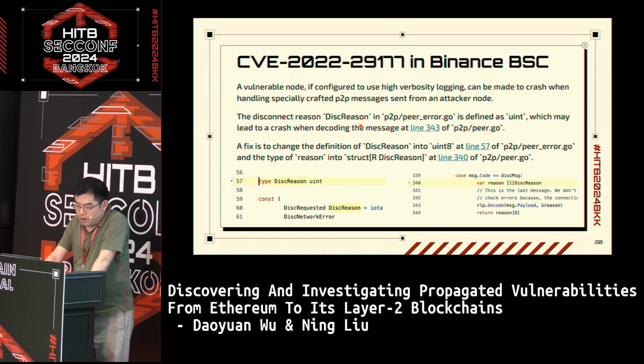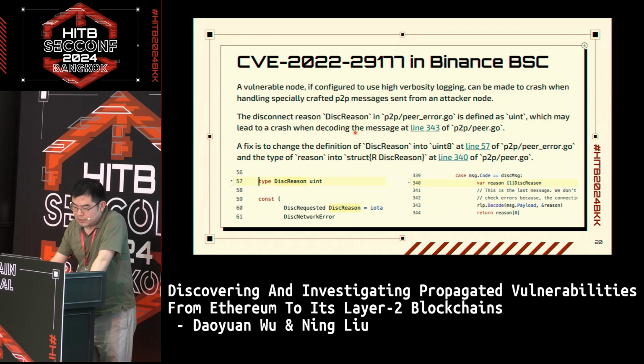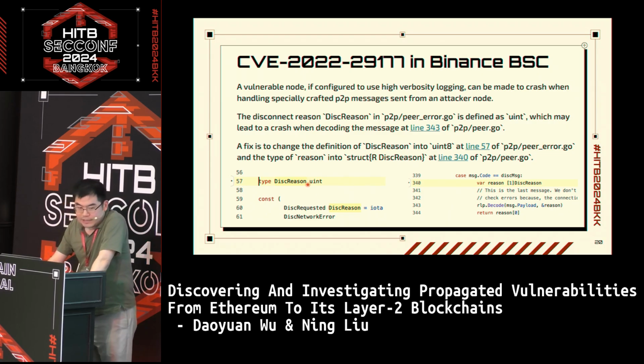The problem of this vulnerability is actually still similar to the traditional integer overflow. Here the root cause is at this particular line of this particular file, which only uses uint.